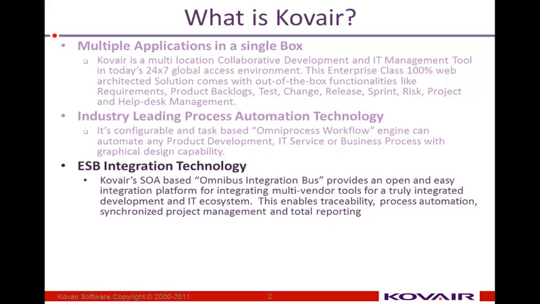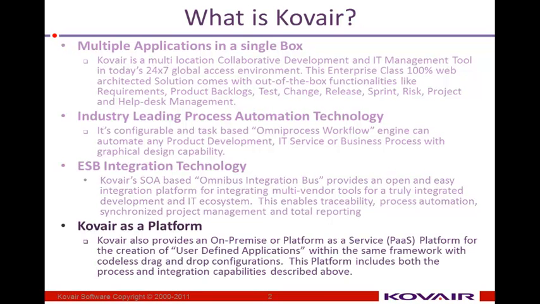They can be located anywhere in the world. They can run on any kind of technology platform, whether it is Windows, Linux, Sun, etc. They can even be running behind the firewall. So using this integration technology, you can create an ecosystem of your existing tools, and on top of that, you can add Kovair with all its agile implementation.